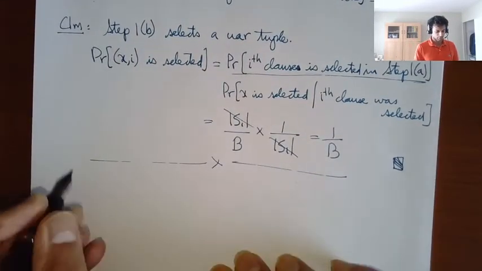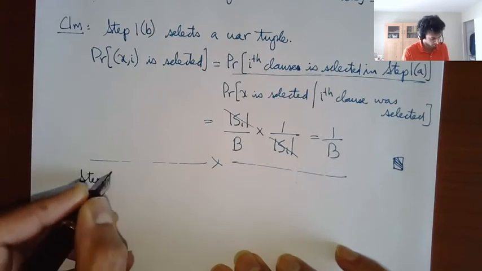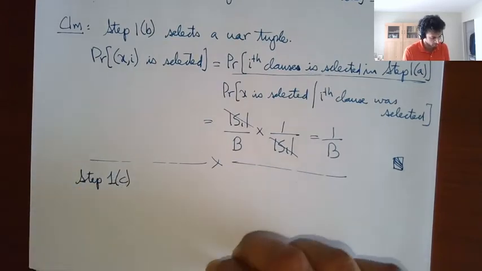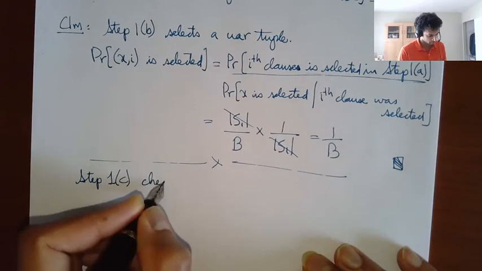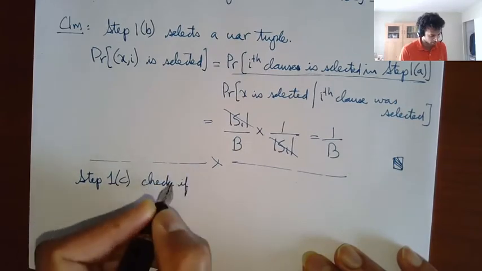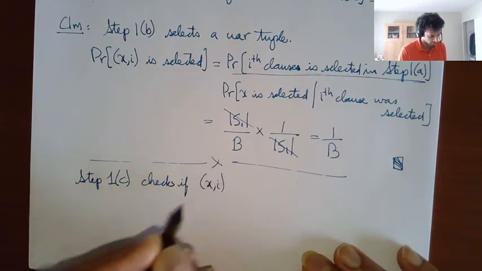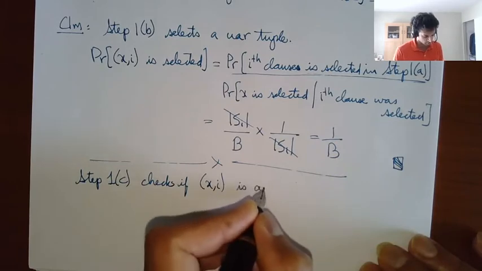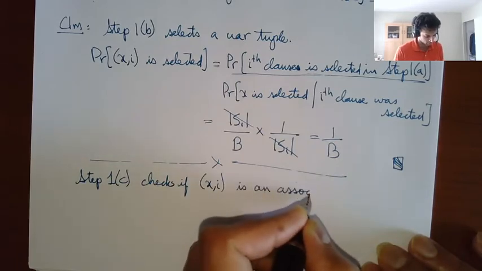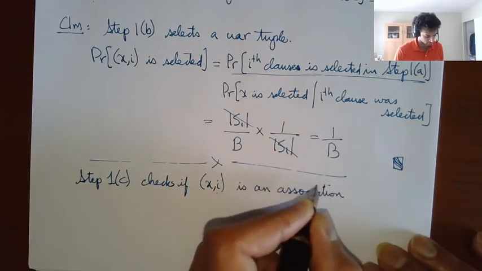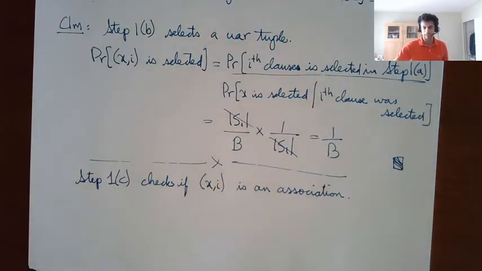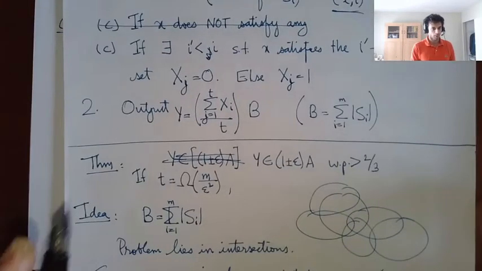Now, step 1c checks if xi is an association. That's exactly what this step does.